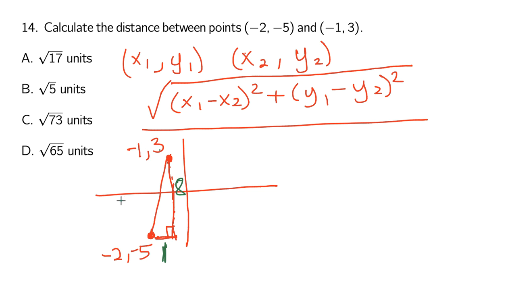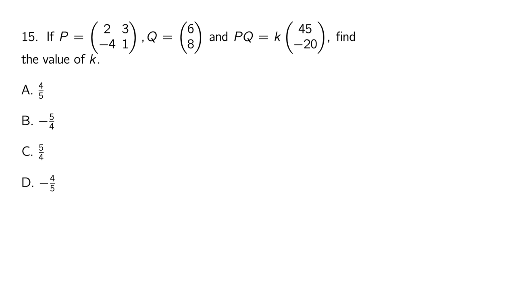So the hypotenuse is the square root of the squares of these lengths, and when we do that, what do we get? 1 squared plus 8 squared is 65, and so we have the square root of 65 as our answer. We'll get the same thing if we do this. In fact, what we just did is the same thing as what this formula is saying. All right, the next question, 15.